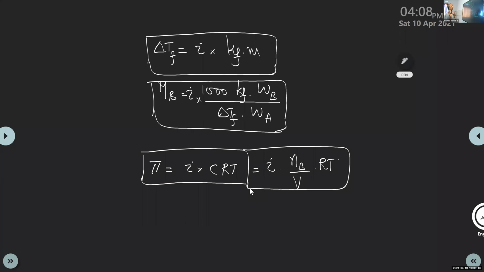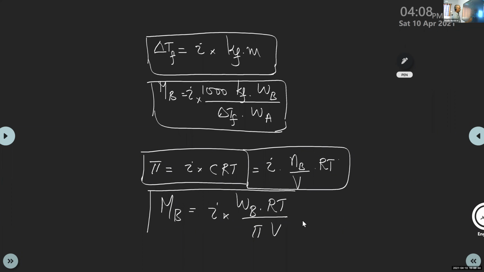Nothing new is there. What you do is this: we have some equations already studied, and you multiply the right hand side with I. That's nothing else. Similarly, for molecular mass, MB is equal to WB into RT by pi V. That is our normal equation, and this is multiplied by I. And that will give us the actual molecular mass if there is an abnormality.